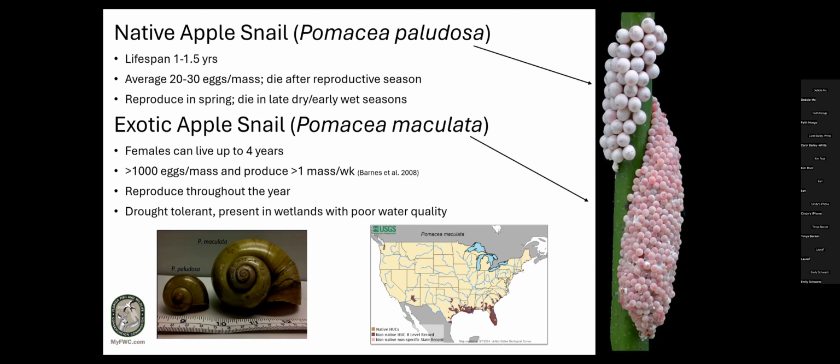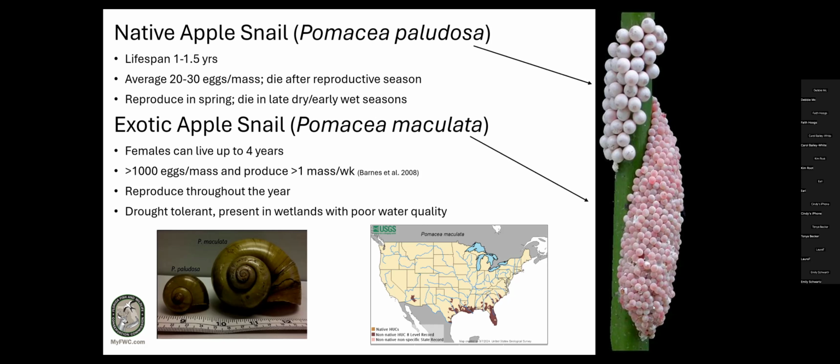The invasive apple snails do reproduce throughout the year, where the native apple snail usually reproduces in the spring, and they will die after the reproductive system.